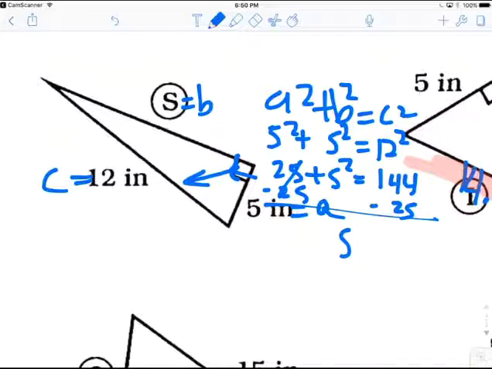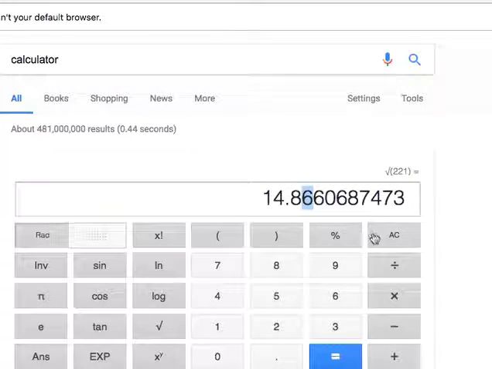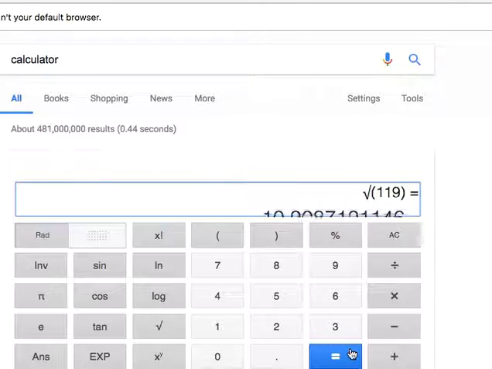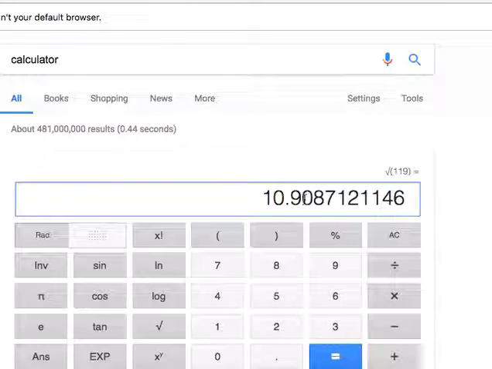You get S squared equals 119. Right? Find the square root. The square root of 119 is 10.9, and the 9 stays a 9 because that's a 0. So 10.9.